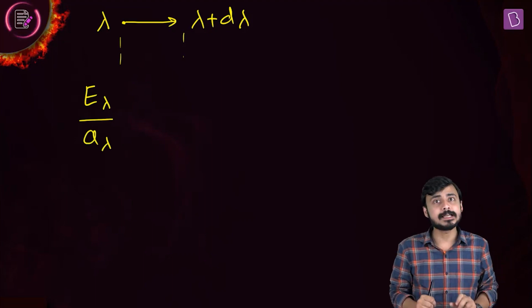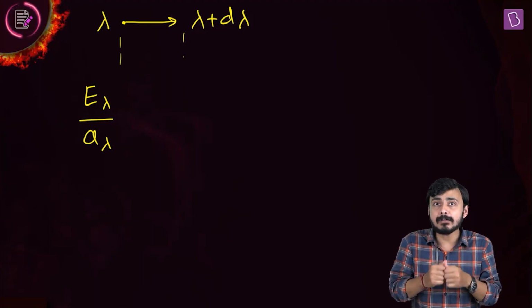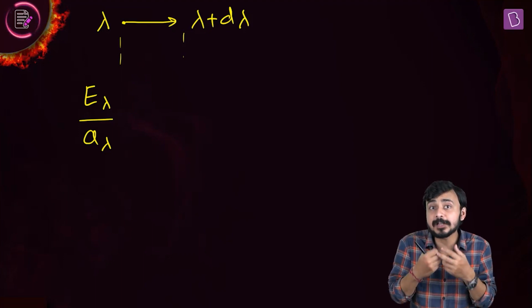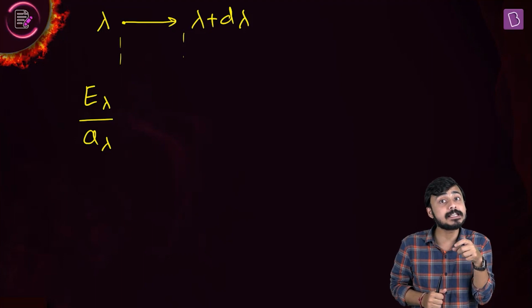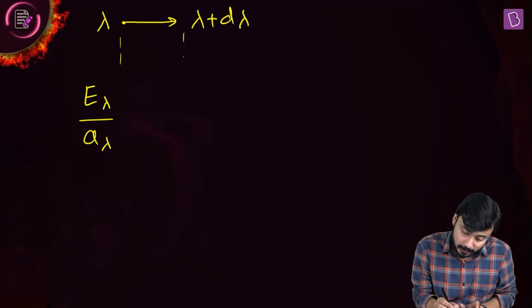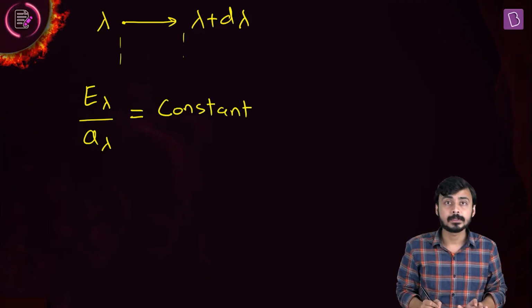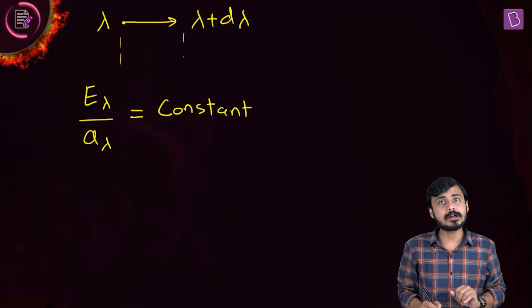Then the Kirchhoff law says for any general body, the ratio of the emissive power and the absorptive power for any particular wavelength range remains constant. So the Kirchhoff law says this is a constant for any body. That means for a black body also it should be a constant, right?